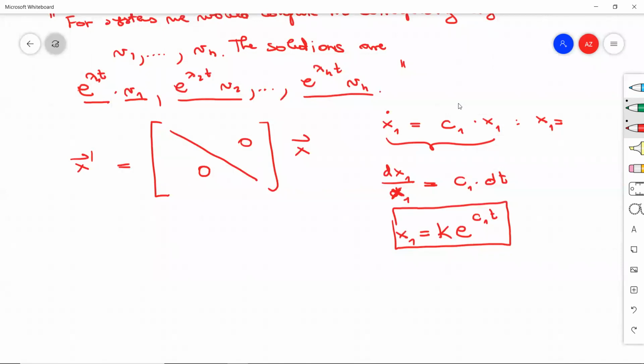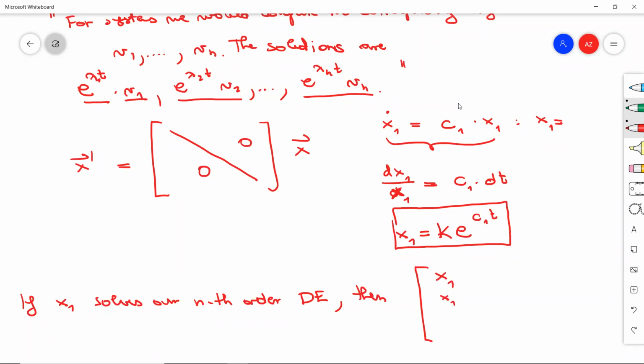But recall that when we went to the system, if x1 solves our nth order DE, then in the system we need a vector which solves the system.